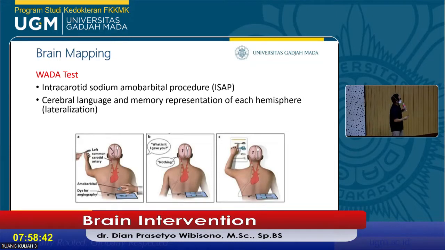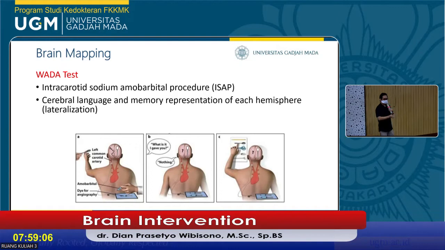In the WADA test, the usefulness is to find the lateralization of the cerebral language and also the memory representation of each hemisphere. So we first inject the amobarbital sodium at the right carotid artery, and then next in the left carotid artery.